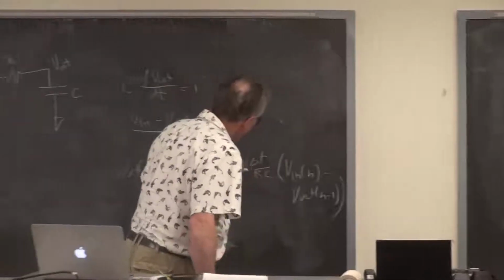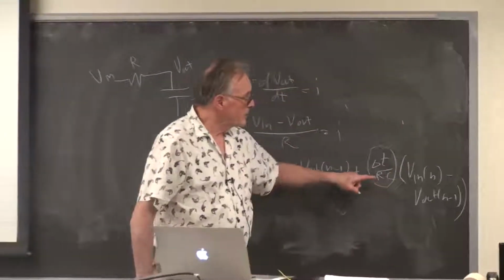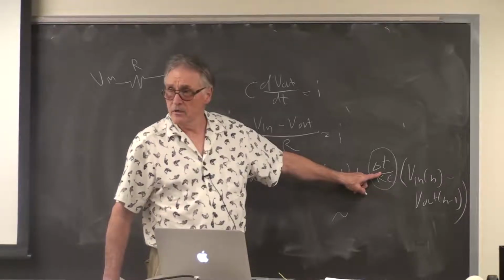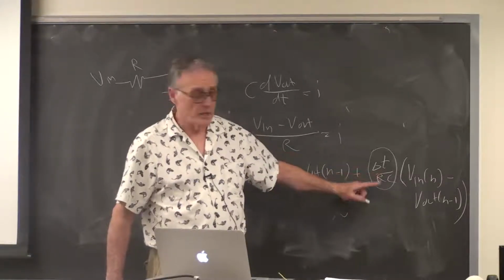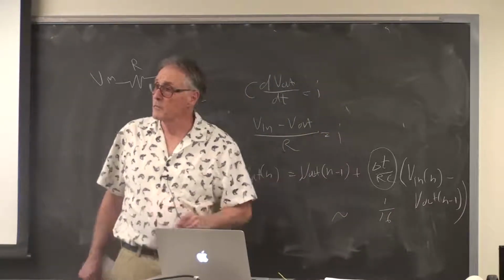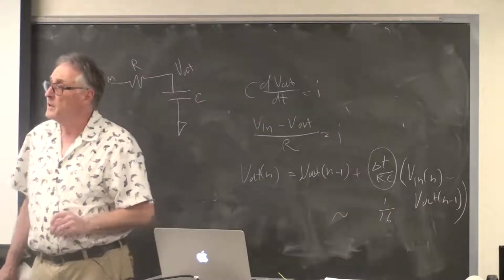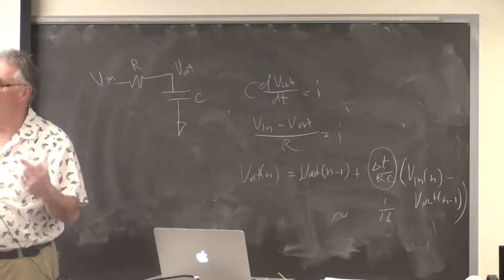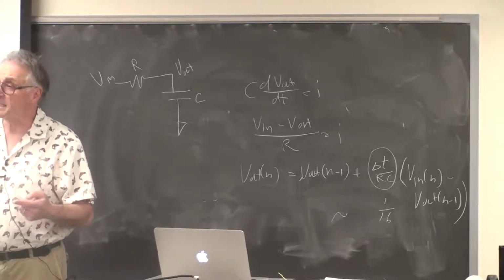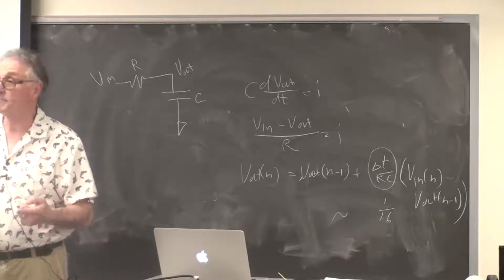And we have a pure number here, because RC has units of time and delta t has units of time. So this is just a pure number, and we can set it equal to 1/16. If we did, then we would have a low-pass filter with a time constant of 16 sample times.